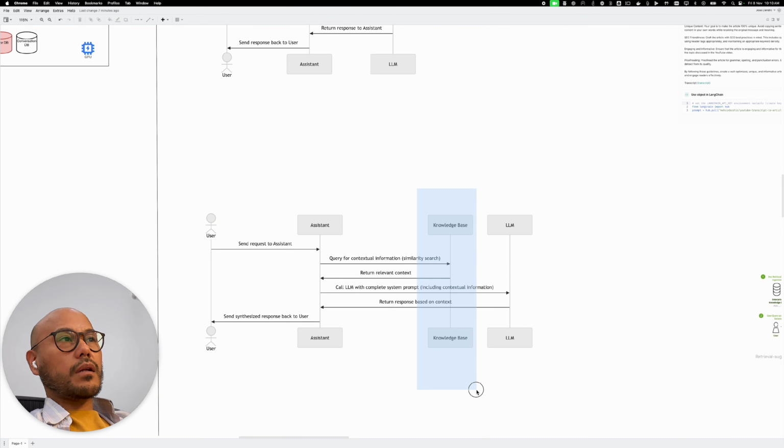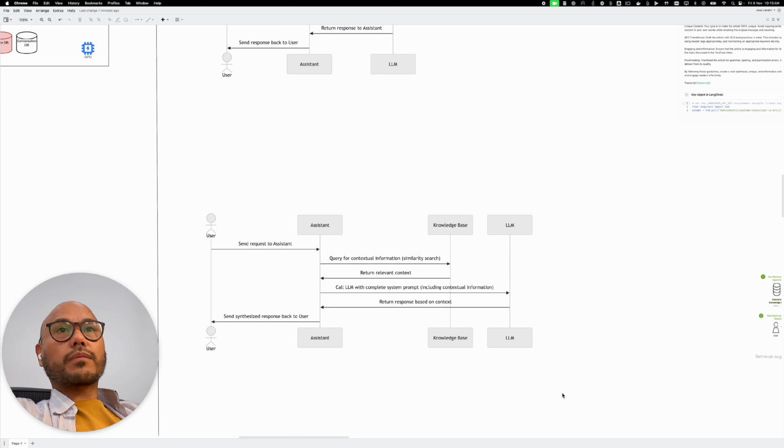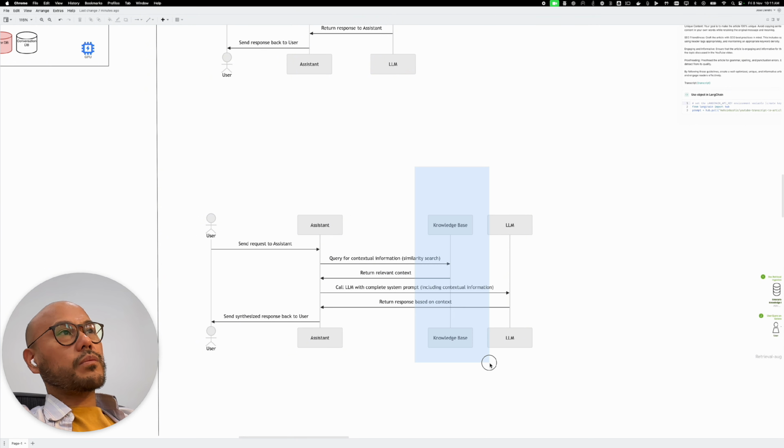This is information that the LLM doesn't know, for example, who the latest soccer World Cup winner is, or who the current president of some state is, that kind of information, or proprietary data of a company. All that information will be stored in our knowledge base.